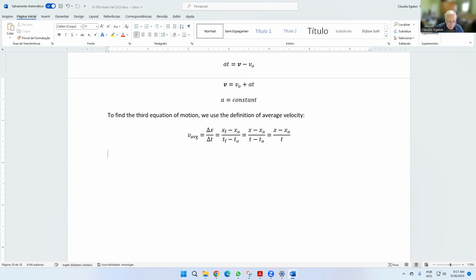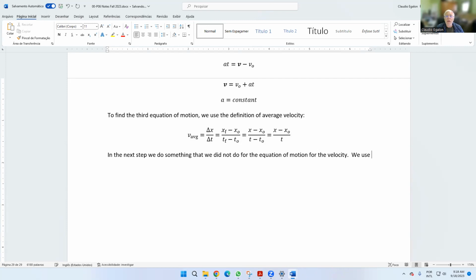Now, in the next step, we do something that we did not do for the case of the equation of motion for the velocity.